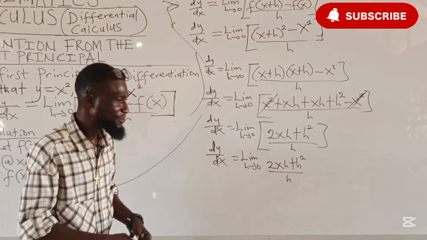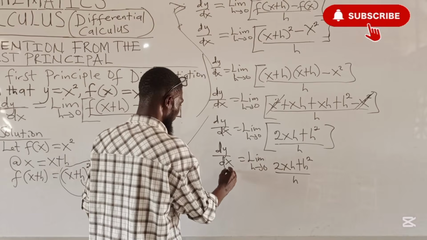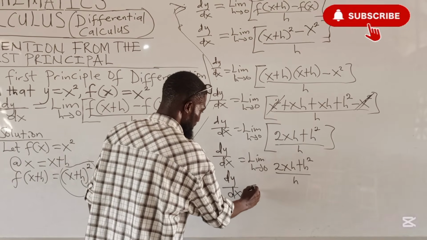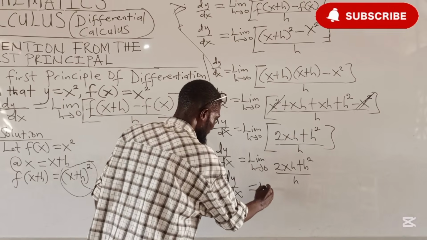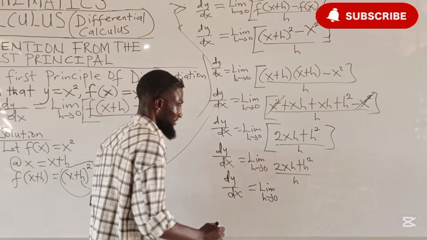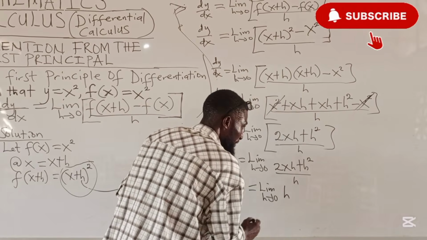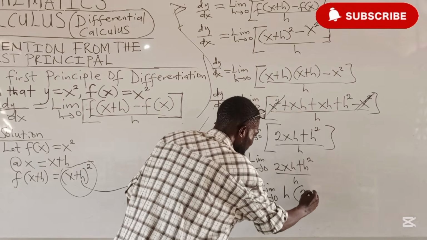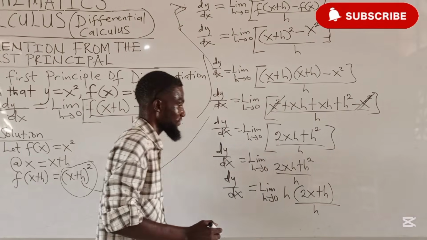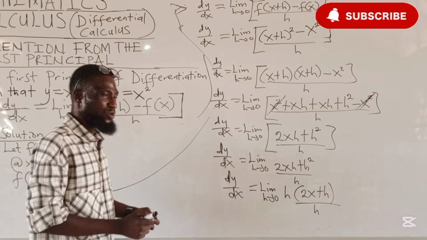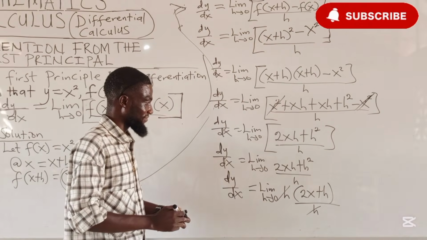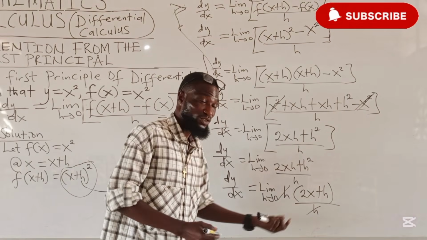On this note, ladies and gentlemen, we say dy over dx will just be equal to the limit as h approaches 0. To factor this, we say h parenthesis open, we get 2x plus h, over h. Why did we do this? We did this because we want this and this to automatically cancel. So we'll be left with this value to solve our problem.